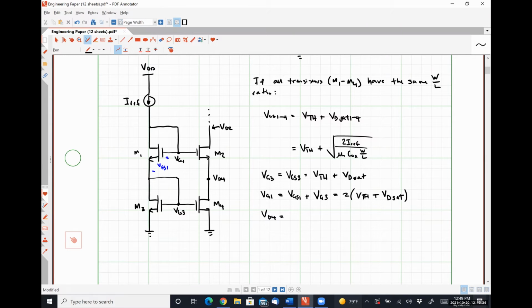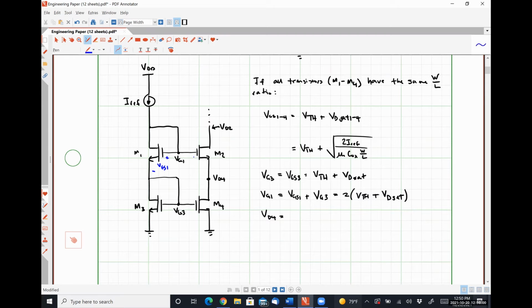So what is our voltage VD4 going to be? What bias voltage do we see at the drain of transistor M4? Exactly right.